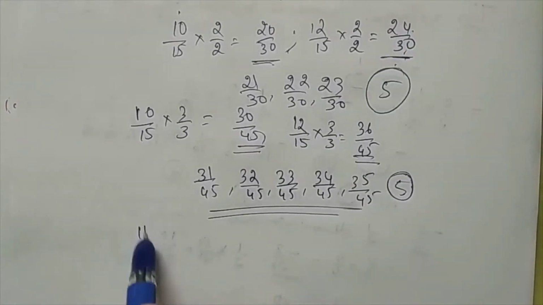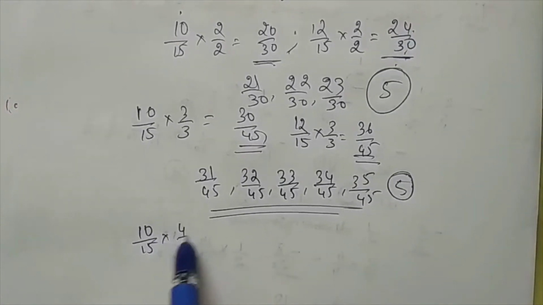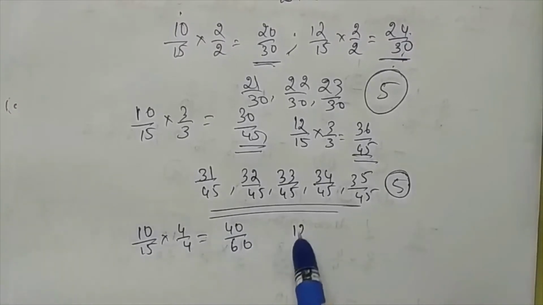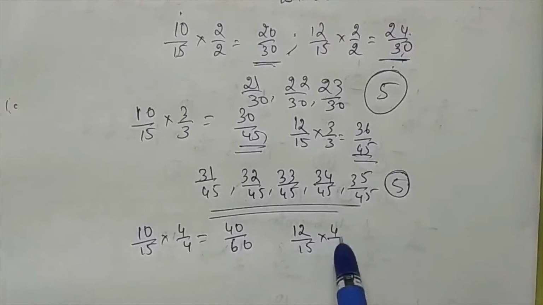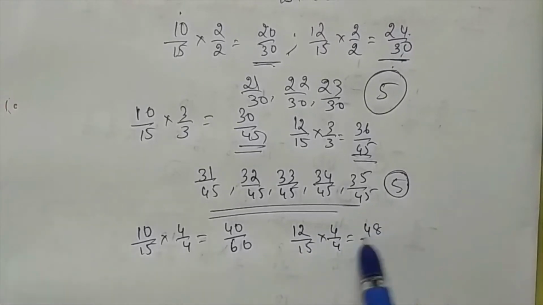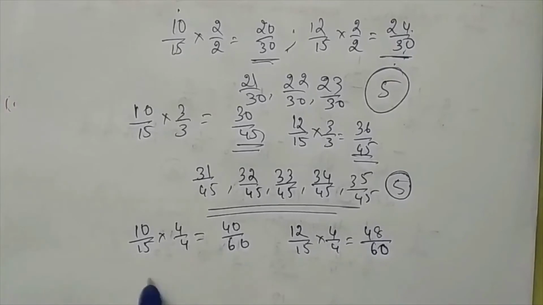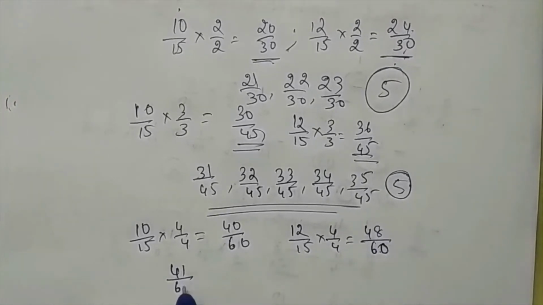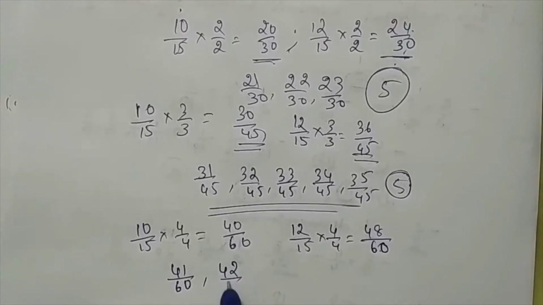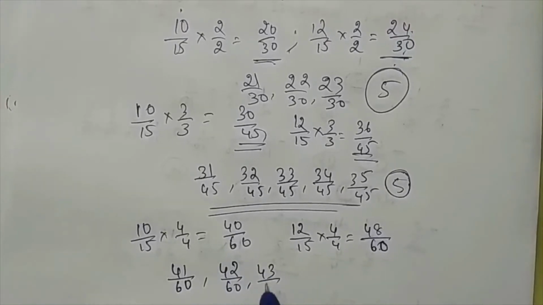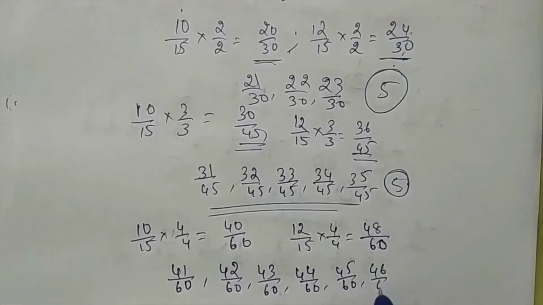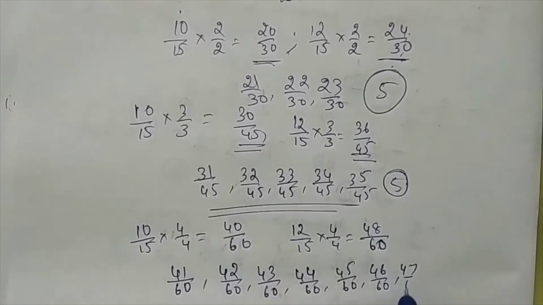Even we can multiply 10 by 15 into 4 by 4, that is 40 by 60. 12 by 15 into 4 by 4, that is 48 by 60. And the rational numbers between 40 by 60 and 48 by 60 are 41 by 60, 42 by 60, 43 by 60, 44 by 60, 45 by 60, 46 by 60, 47 by 60.